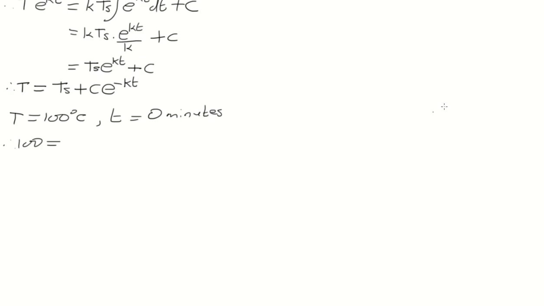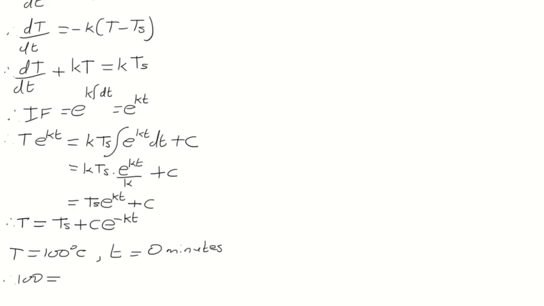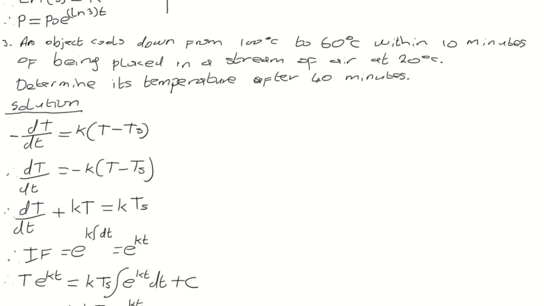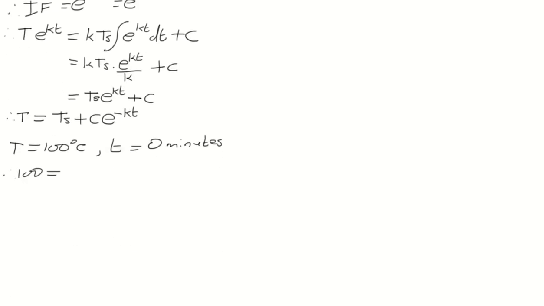The story says, within 10 minutes of being placed in a stream of air, 20 degrees Celsius. This 20 degrees Celsius is the surrounding temperature. Therefore, plus C e raised to minus kt is 0. So C is equal to 100 minus 20, which is equal to 80.